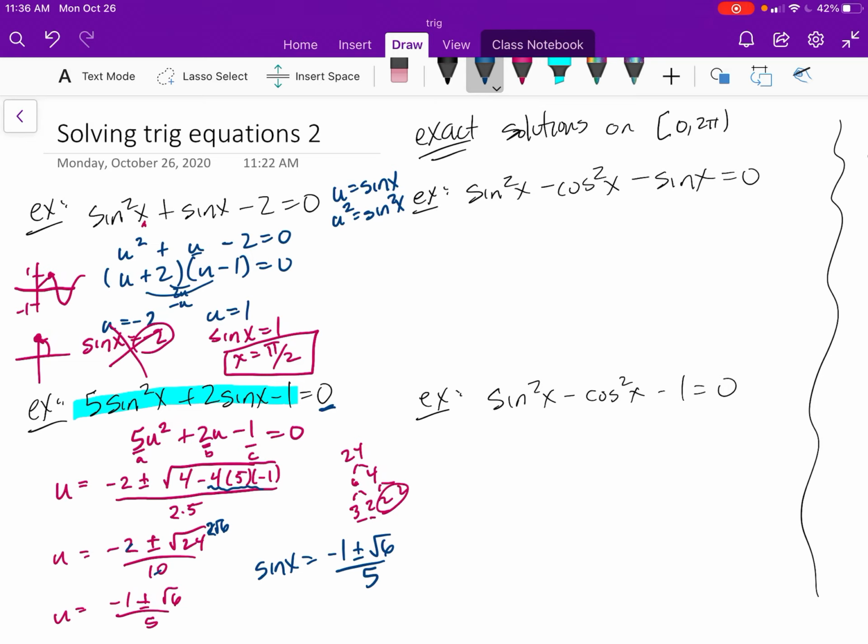The reasoning is I don't know when sine equals this, right? What I should make sure is if I did -1 plus square root of 6 over 5, it lies in the range of -1 to 1, since that's where sine x, those are the possible values. And when I did -1 subtract square root of 6 over 5, it still stays within that range.